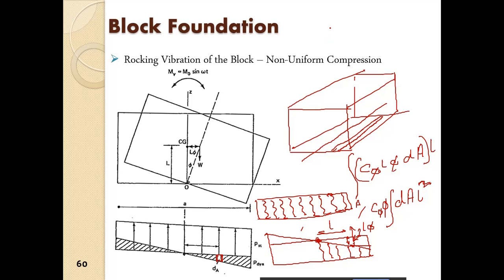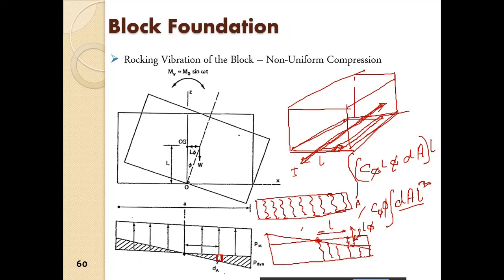So we have this radius of gyration L, and integrating dA L square, we have the moment of inertia of the foundation base area about this axis of rotation, I. So that is the moment of resistance.